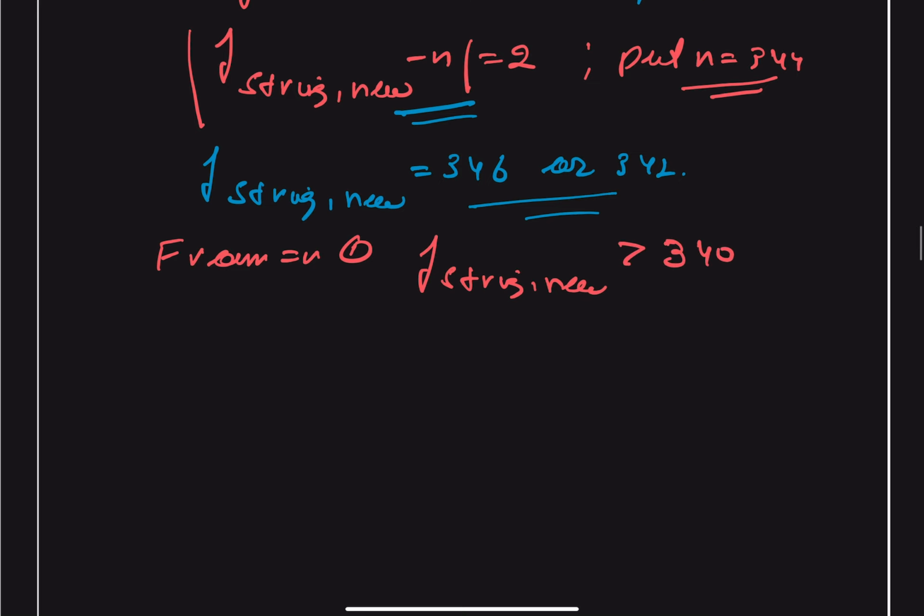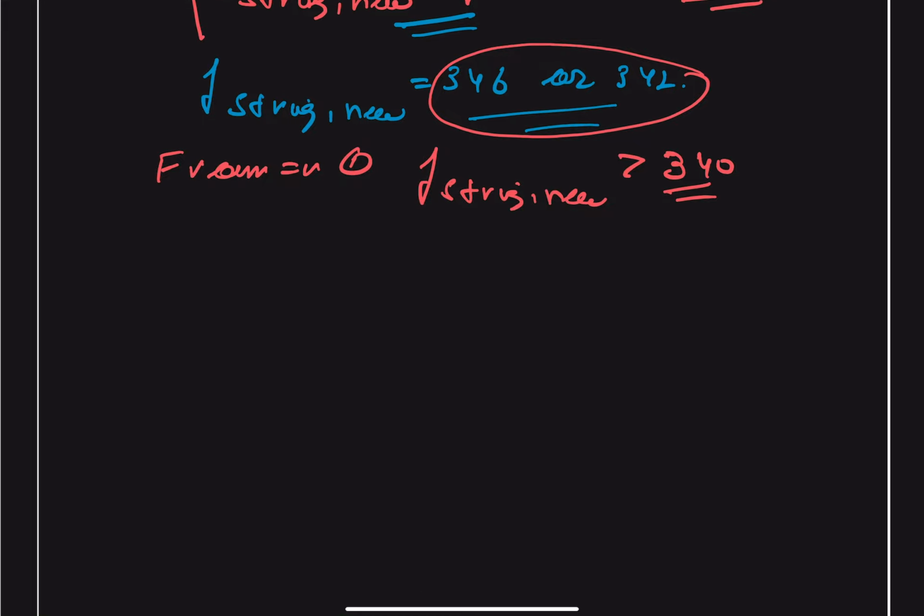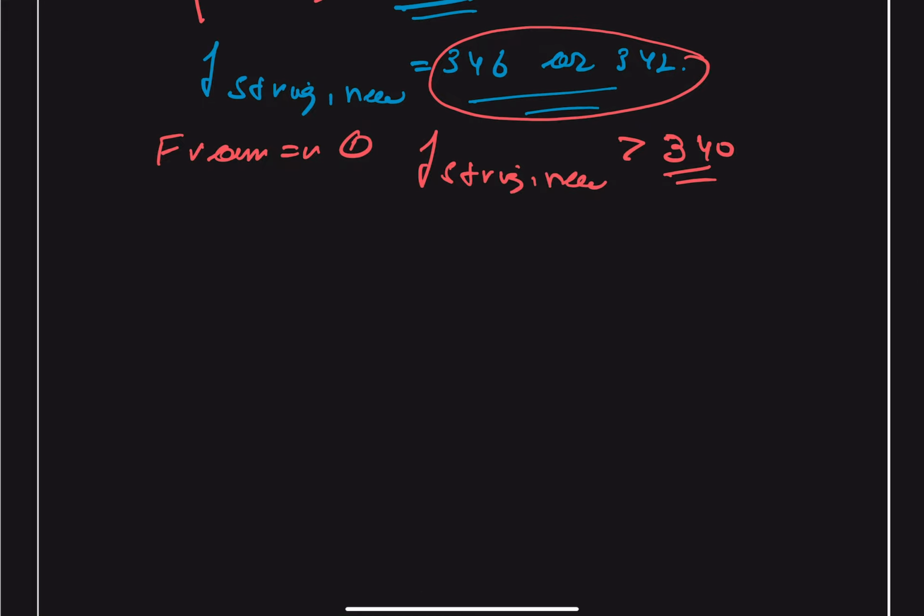So if we check both the values, both values are greater than 340. Okay. So here also we can say the results are consistent. Now let us check the second part.